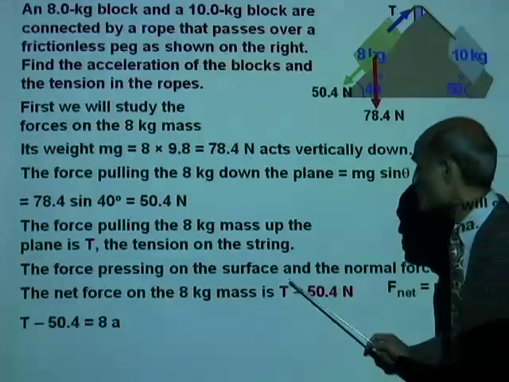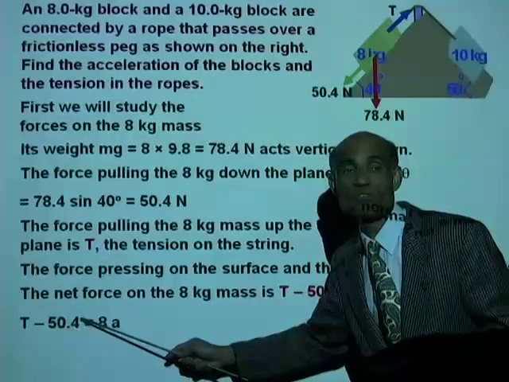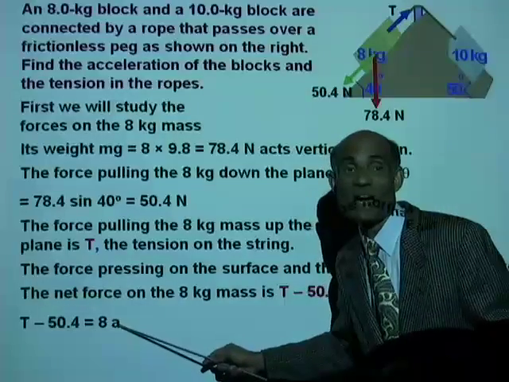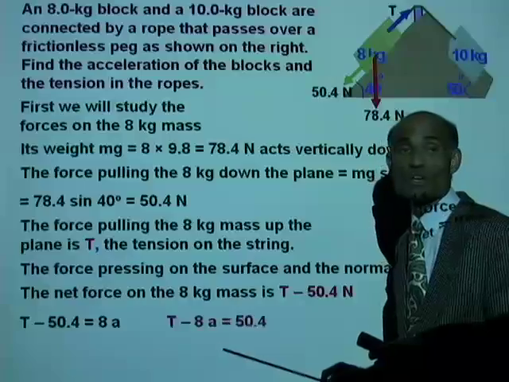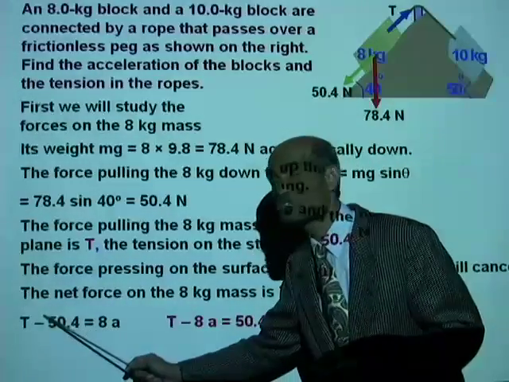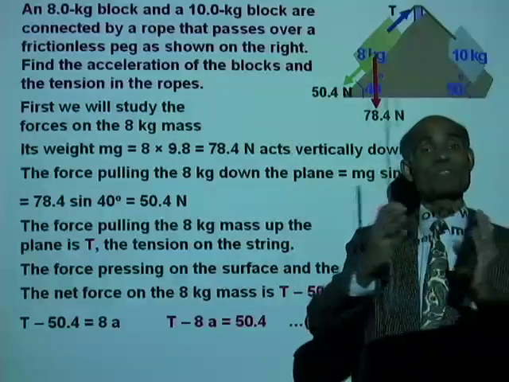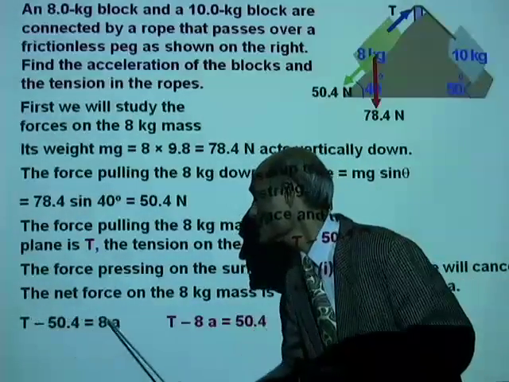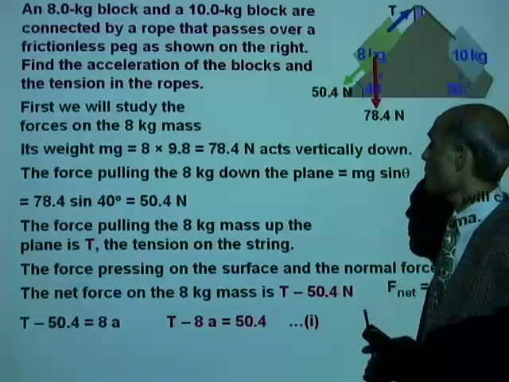Let's write that equation. T minus 50.4 equal to ma. M is 8 kilogram and a we need to find. So we have one equation which, when you write it in the standard form, is the variables on the left, the constant number on the right. So that will be T minus 8a equal to 50.4.